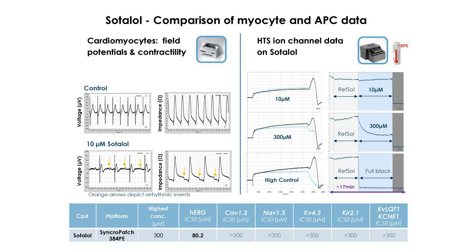And interestingly, here 10 micromolar, which is much lower, is inducing these arrhythmia events without having blocked any of the other channels. So this is quite interesting to see. And the explanation that I have is that what you see here is a very fast effect in a patch clamp experiment, and what you see here is a 30-minute incubation time.